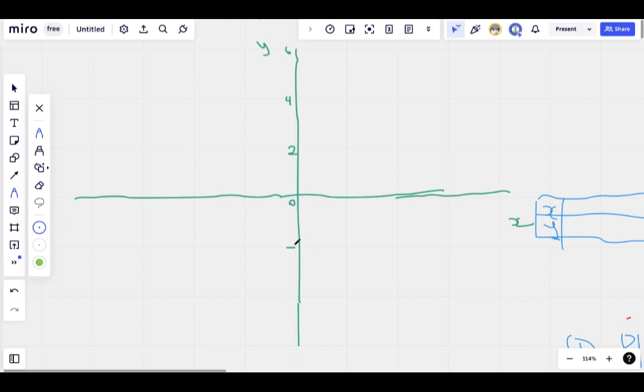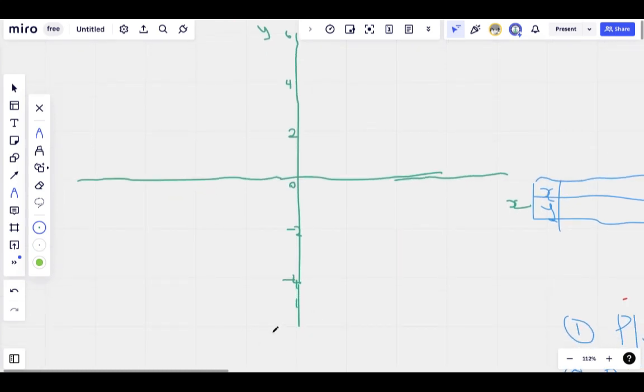Here is negative 2, negative 4, and negative 6.